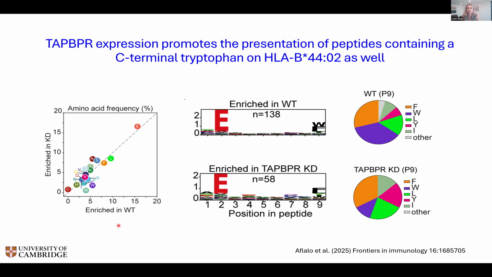And what this revealed was that the tryptophan residue again was more common in peptides in the presence of TAPBPR on B4402, and when TAPBPR was depleted, we didn't see this enrichment in tryptophan residues at the C-termini. However, we didn't see quite as profound effects as for B4405, but this did suggest that, like B4405, TAPBPR was also promoting the presentation of a tryptophan residue on B4402.